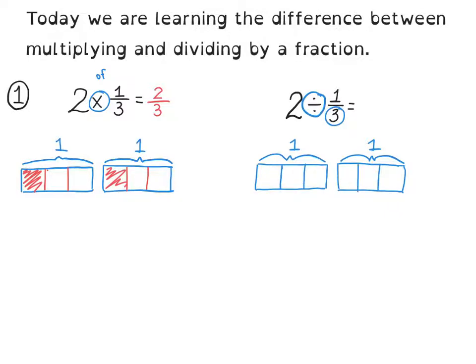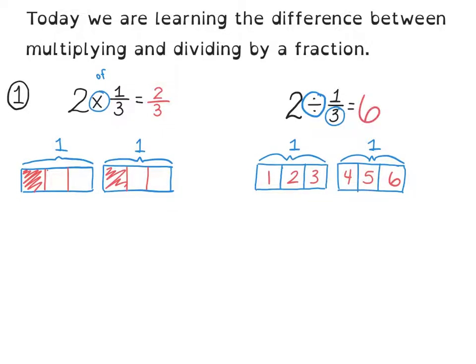So, now that I have cut them into thirds, I'm going to say 2 wholes split into thirds is 1, 2, 3, 4, 5, 6 parts.